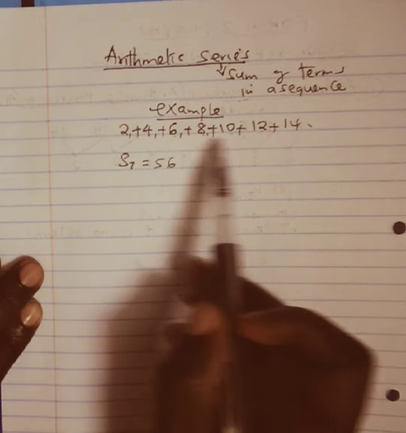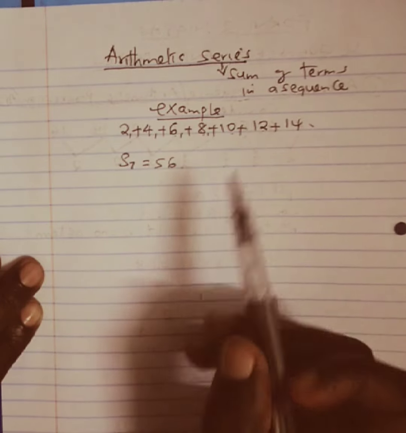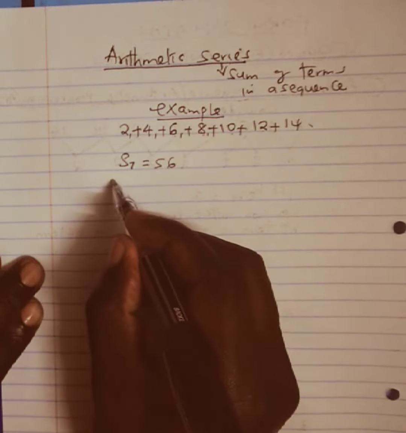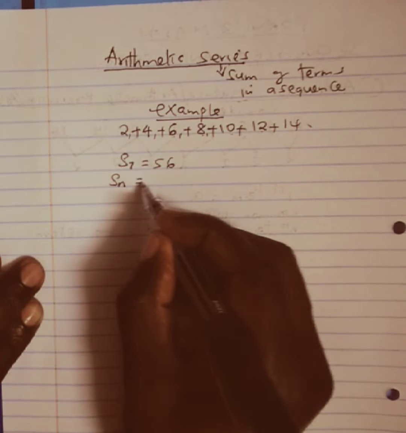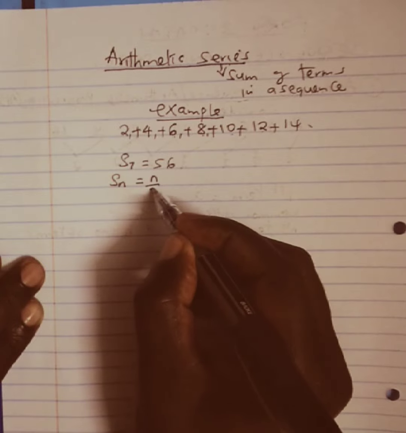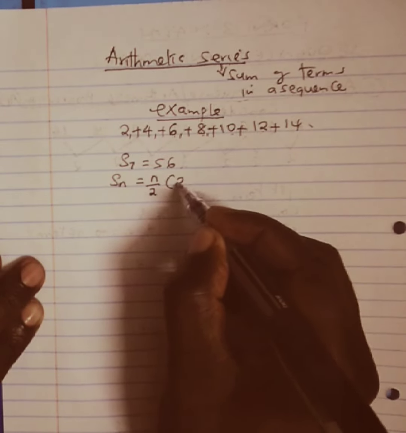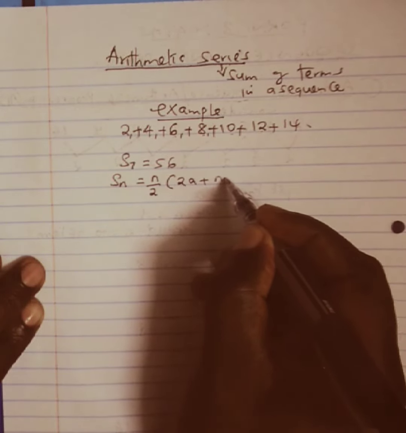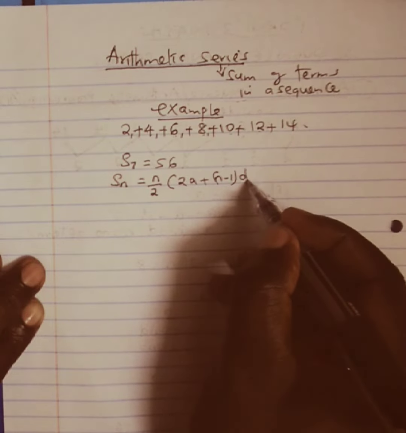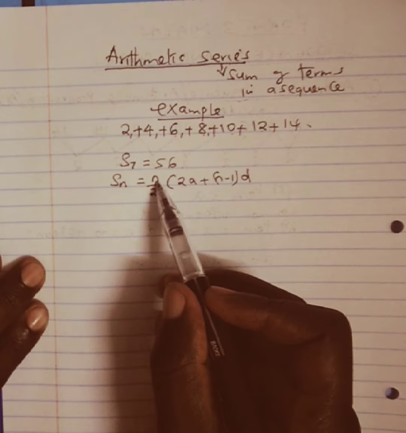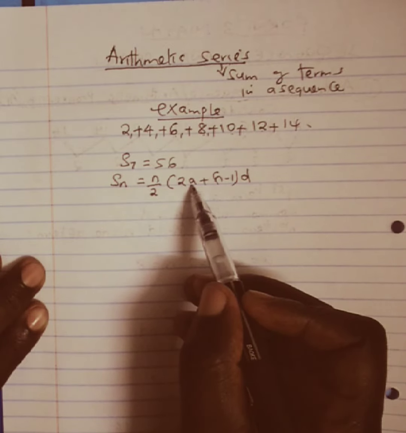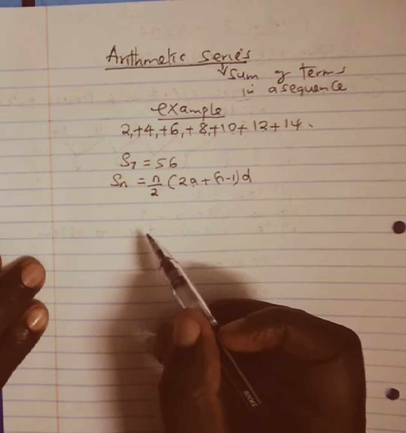Instead of using the long way of making the additions, we can simply say to get the sum of any terms, we use the formula that is n divided by 2 times (2a plus (n minus 1) times d), where n stands for the number of terms, a is the first term, and d is the common difference.